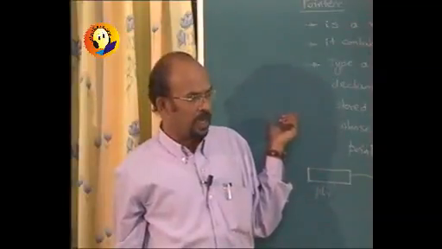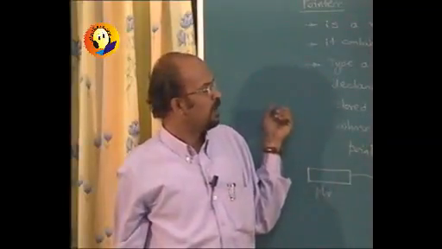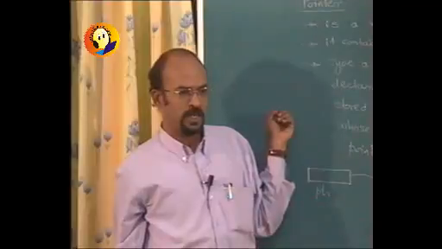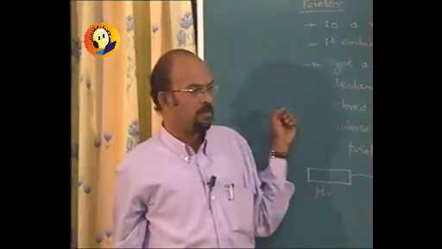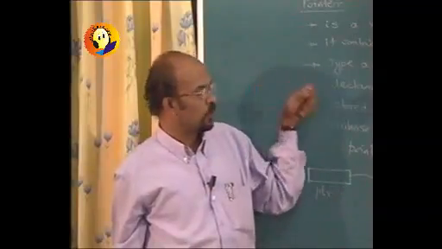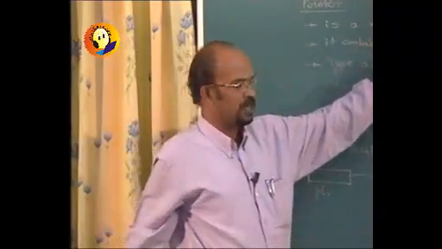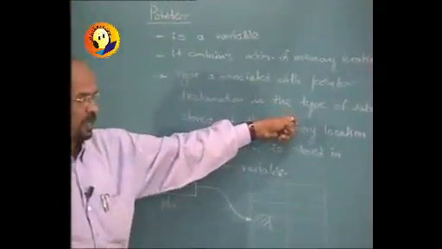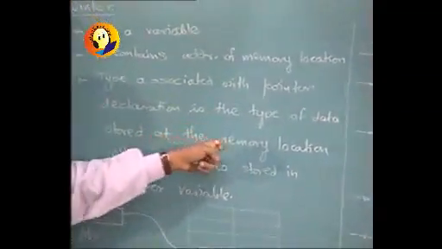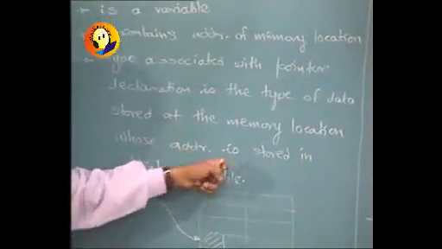But when you declare them, at that time some data type will be associated. Then what is that data type? It's not the type of the data stored in the pointer, because the pointer will always contain the address, but it will be the type of the data which will be stored in the memory location whose address is stored in the pointer.